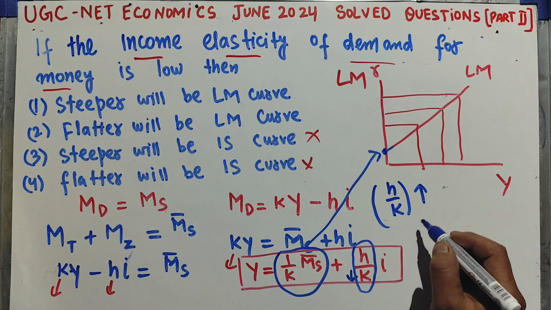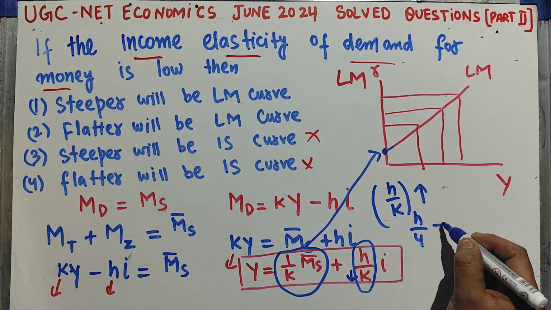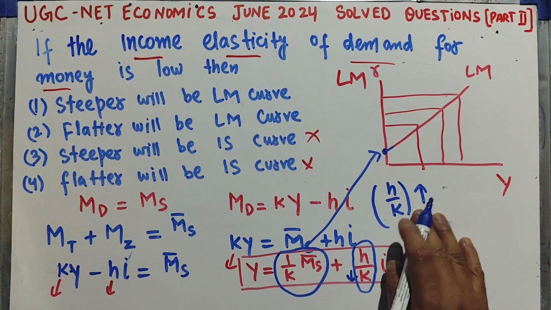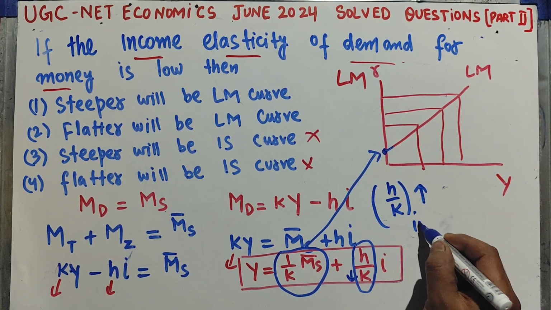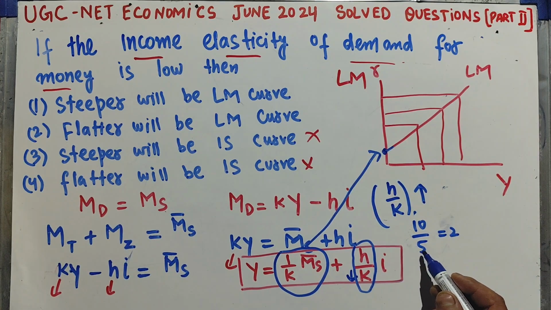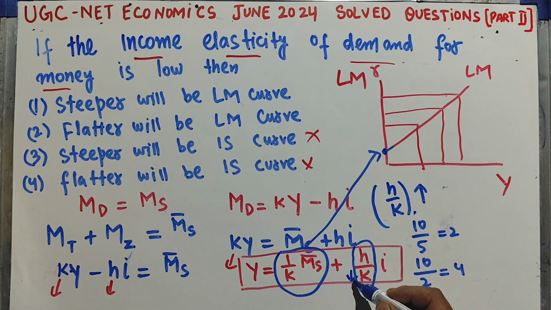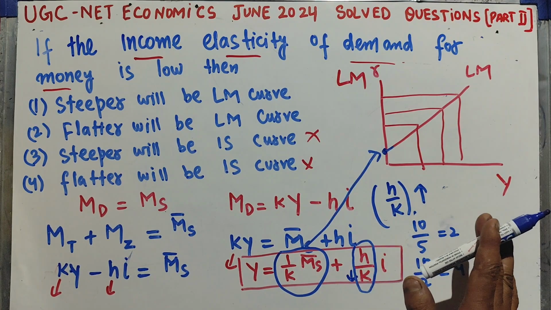Let us say in place of H we have 10. Initially we have 10 upon 5, which is 2, and if K becomes low, from 5 to, let us say, 2, it becomes 5. Obviously when K decreases, the slope becomes steeper here.